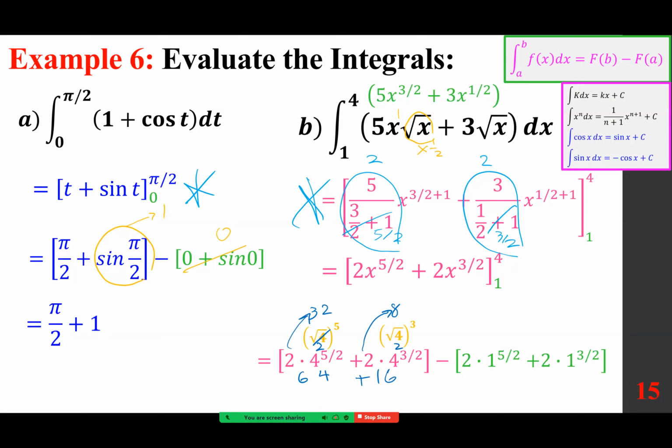To the power of 5/2 or 3/2 makes no difference. So this is 2, and 2 is 4. So minus 4. 64 plus 16 minus 4 is 76. So a lot of algebraic steps, if you will, or basic math. So that's the fundamental theorem of calculus that is being used here, everybody.